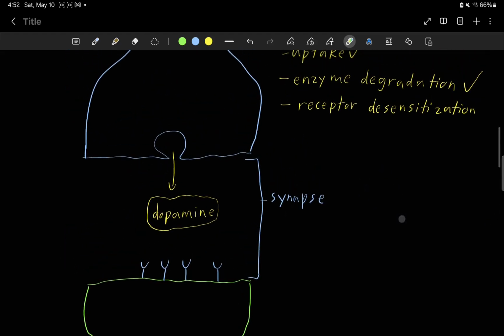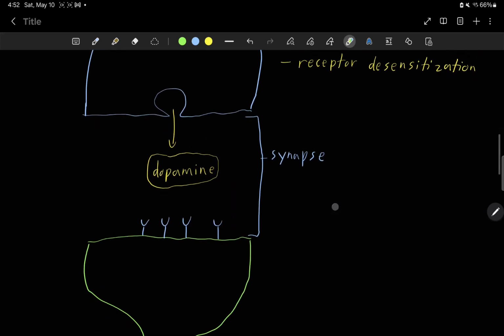So basically, when dopamine is released from the presynaptic cell into the synapse, which is a gap between your two cells, then dopamine can go over and bind onto these receptors on your postsynaptic cell. And when it does so, it can initiate a response inside your postsynaptic cell.